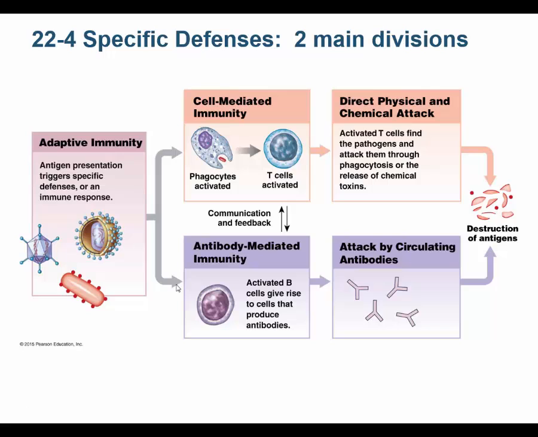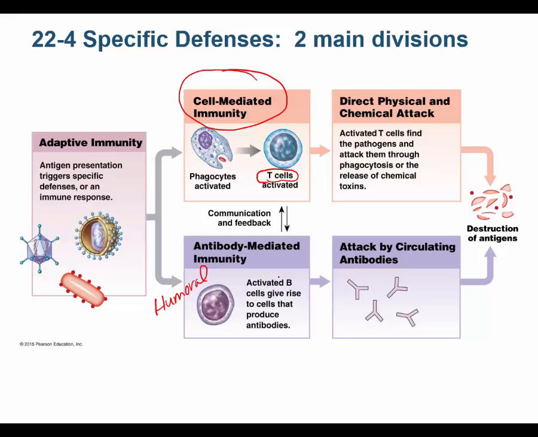This is showing you that we have two main branches of our specific defenses. We have cell-mediated immunity, and the cells involved are T cells, right here. And we have humoral immunity, which is antibody-mediated, but a lot of books call this humoral, and humoral means fluid, because the antibodies float around in our plasma, which is a fluid, of course.